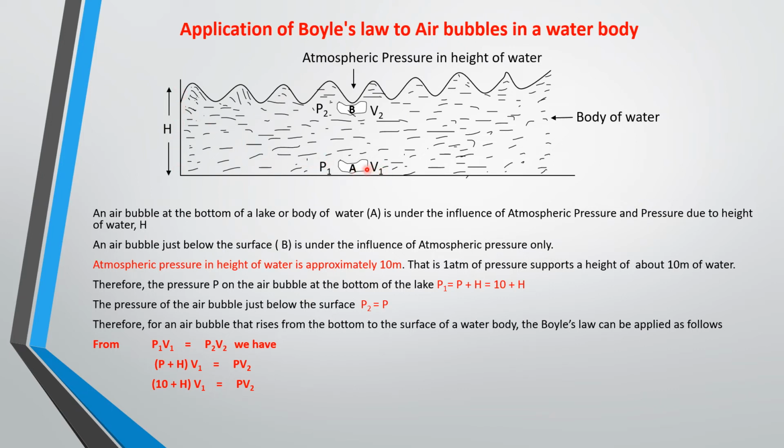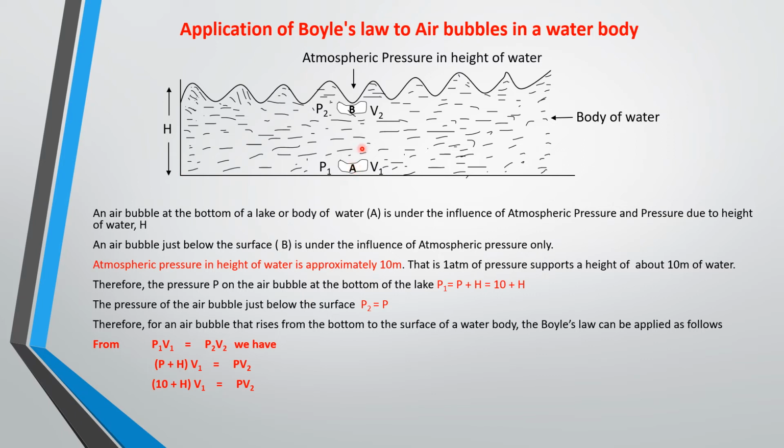From our study, it is discovered that 1 atmosphere of pressure supports a height of 10 meters of water. So the pressure at the bottom on this air bubble is equal to 1 atmosphere, which is equal to 10 meters of water, plus the height of the water.